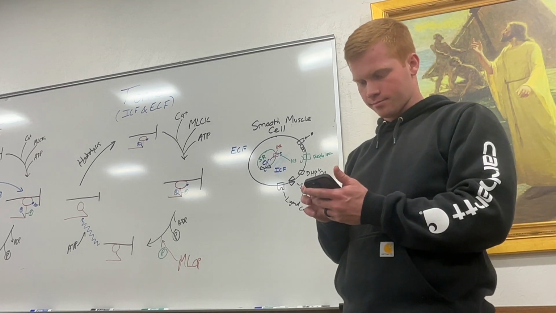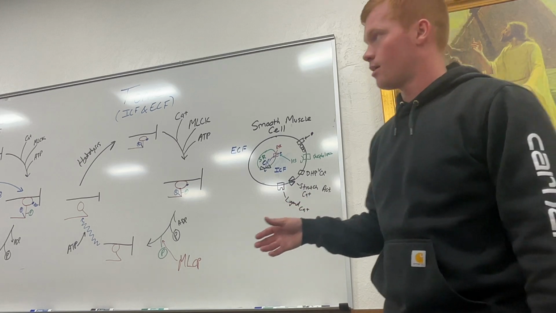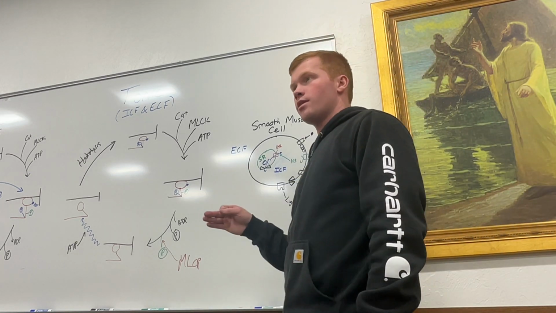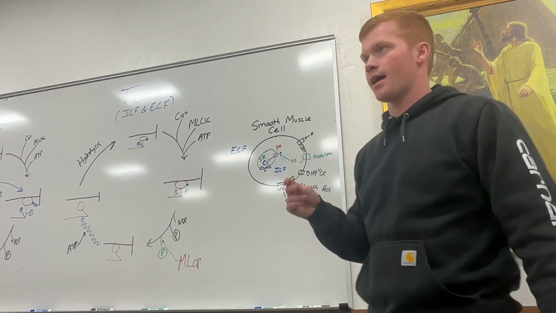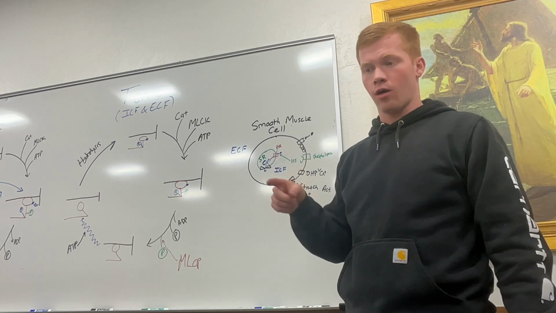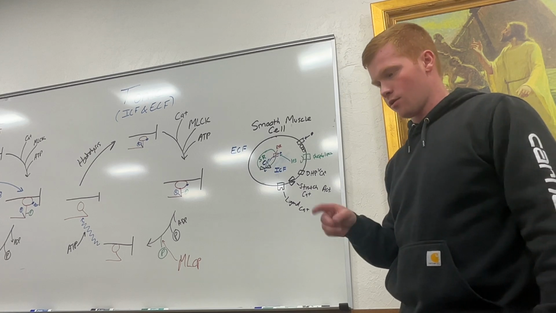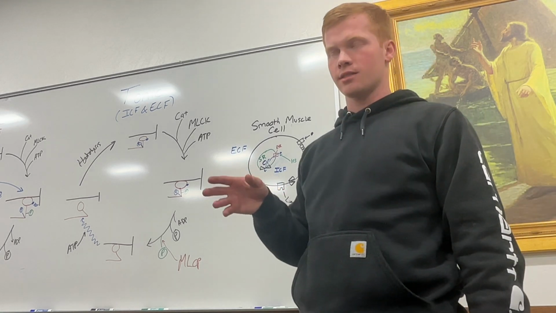There's two types of smooth muscle: single unit and multi-unit. If I remember right, single unit has gap junctions, and it's not dependent upon the nervous system or the endocrine system.